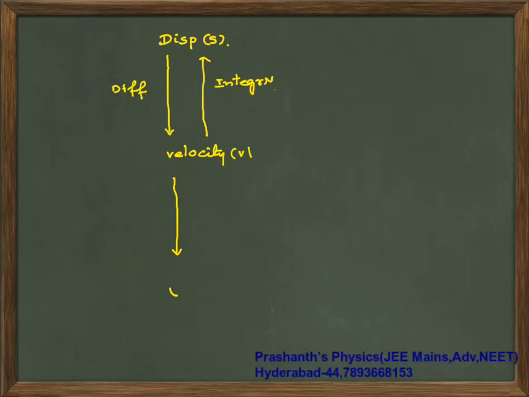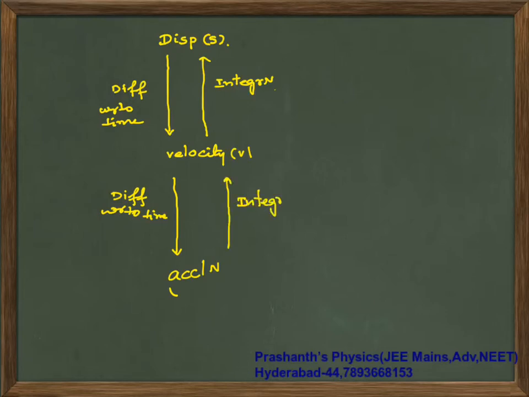Next, if you differentiate velocity with respect to time, you will get acceleration, and if you integrate acceleration with respect to time, you will get velocity. This is your conceptual map that you are supposed to follow.